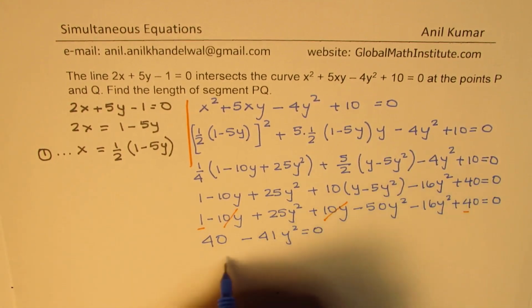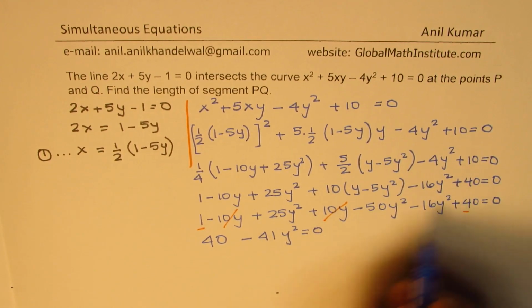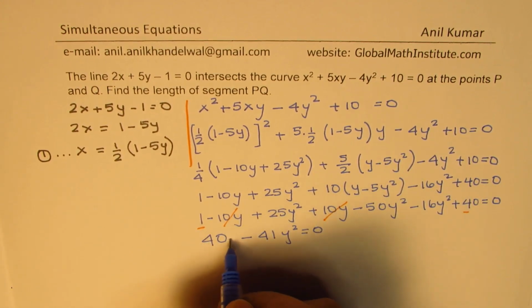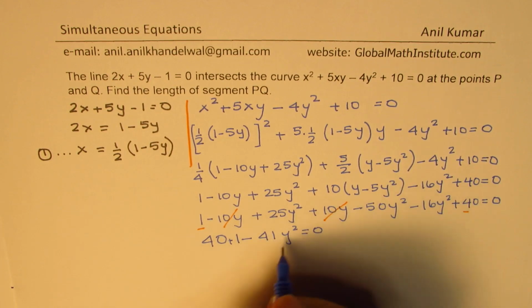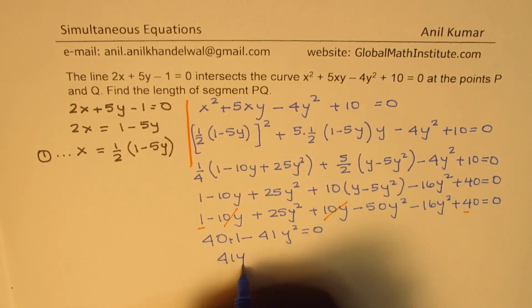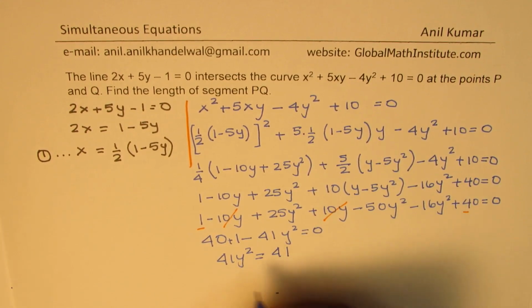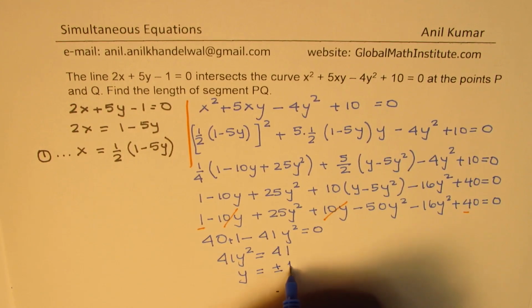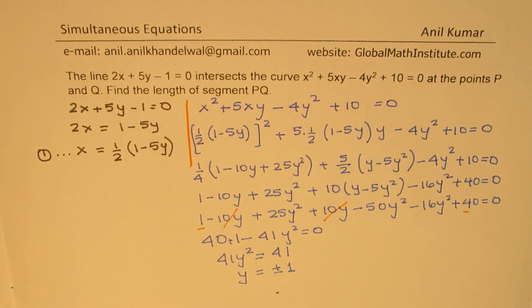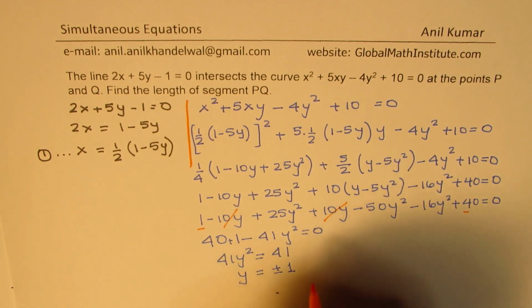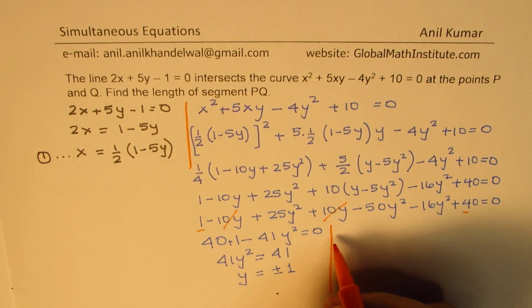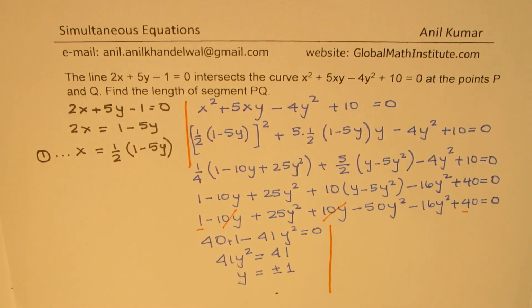So we get 41y squared equals 41, and that is to say that y is equal to plus minus 1, correct? So we get the value of y as plus minus 1. Now since y is plus minus 1, we can find what x is.